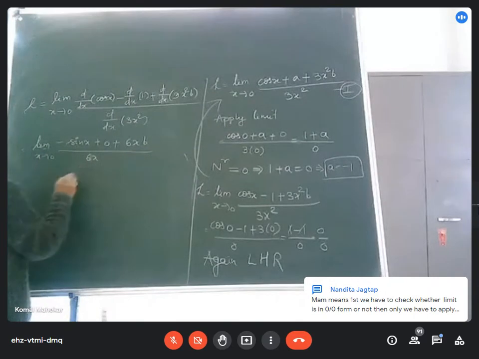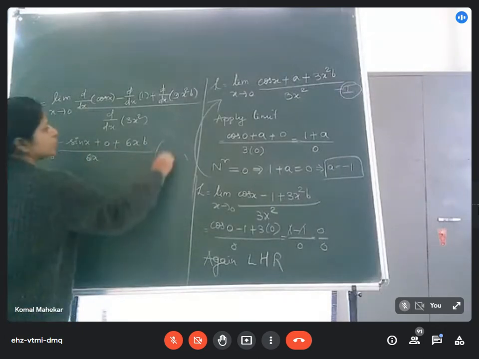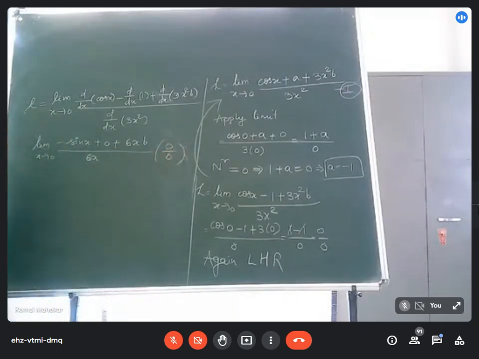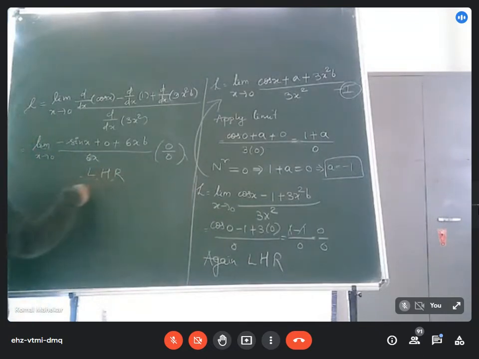Now if you apply the limit again, sin 0 is 0, so denominator and numerator both become 0. So again we will apply L'Hospital rule. We will repeat the same procedure till there is a finite limit.